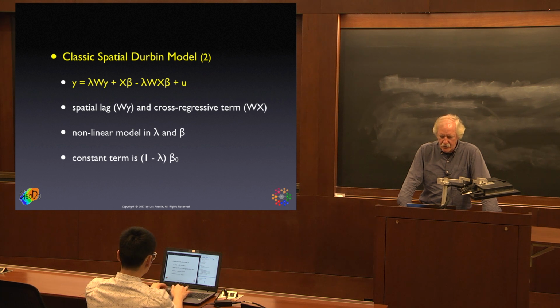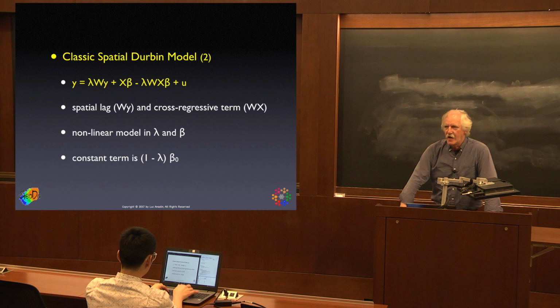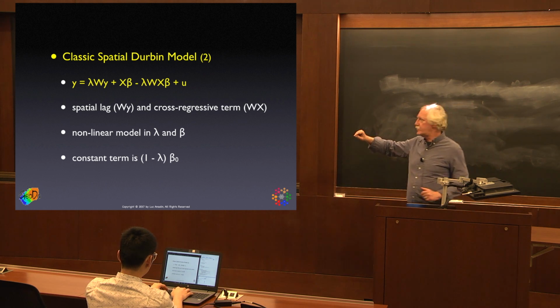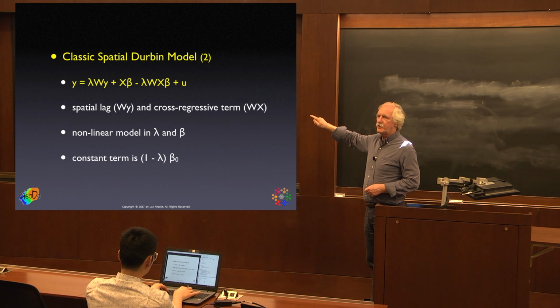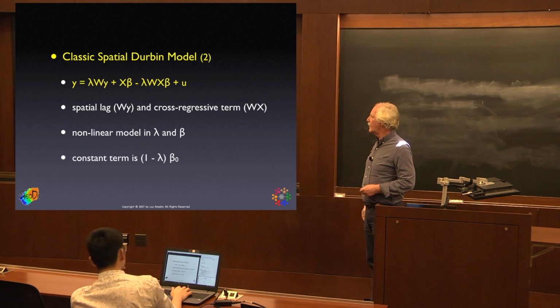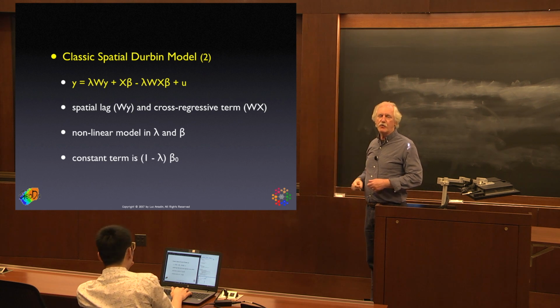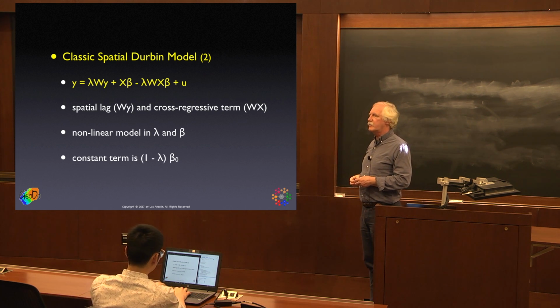And we have a special set of constraints. So I have used the initial notation, and that's why we have lambda as a coefficient of the spatial lag Wy. We have beta as a coefficient of the exogenous variables x.